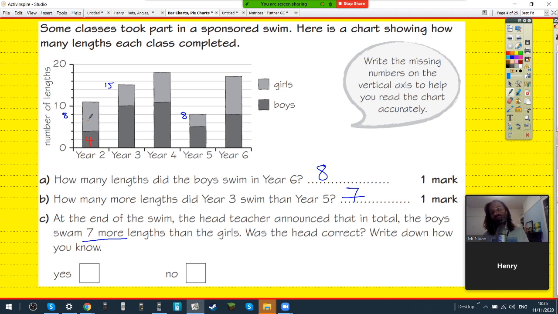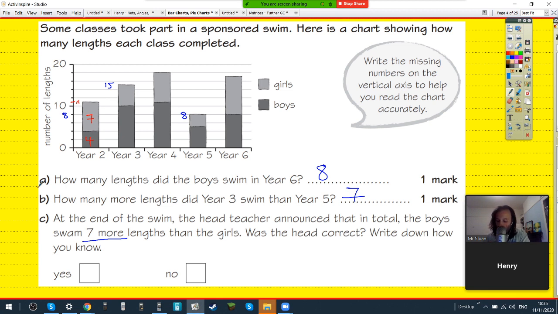Year 2 girls are 2, 4, 6, 8, 9... It's like 11 take away 4. Look at it. 2, 4, 6, 8. Yeah, that's 11. And there are 11. So 11 take away the 4 boys. Oh yeah, 7, yeah.